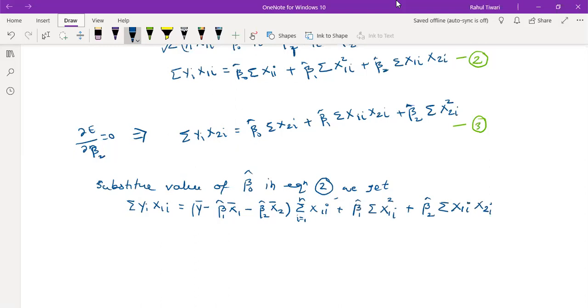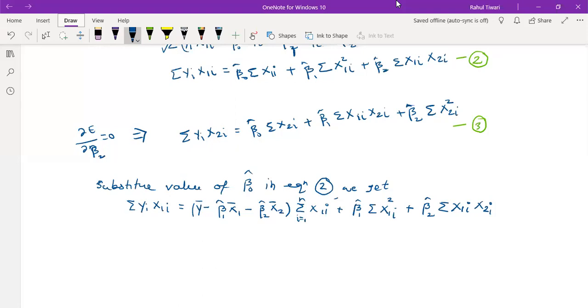Make sure that this is i. So the first one will be a numerical number and the second one will be your i. Now you can simplify these expressions.